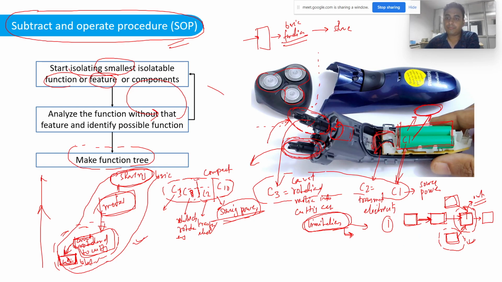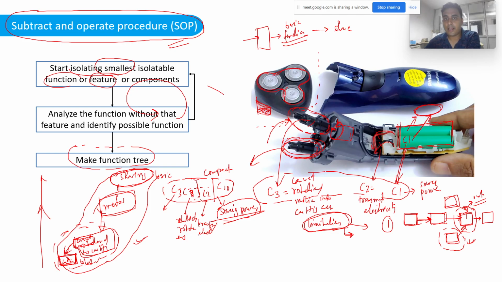For example, imagine there is another particular element. It is not only saving, there is something more, like something adjusting the height of cutting. There is some mechanism, a feature which, when you remove it, you know you now cannot adjust.